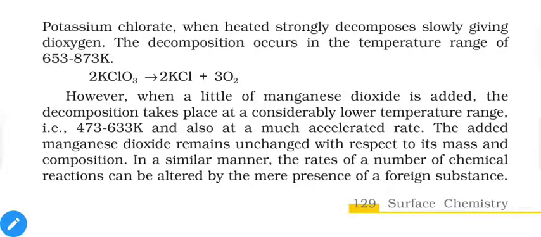So we can see a large difference in requirement of energy with a little bit of addition of manganese dioxide. And also at a much accelerated rate, that means it will occur at lower energy requirement and the speed of reaction will be comparatively faster.